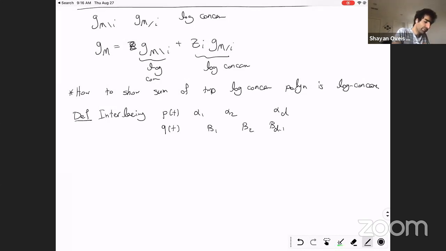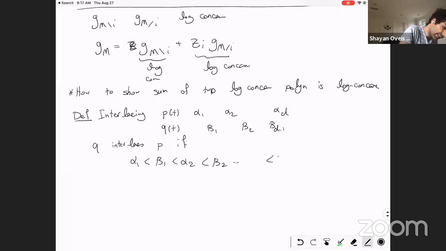We say Q interlaces P if alpha 1 is less than beta 1, is less than alpha 2, is less than beta 2, and so on, less than beta D minus 1, is less than alpha D.